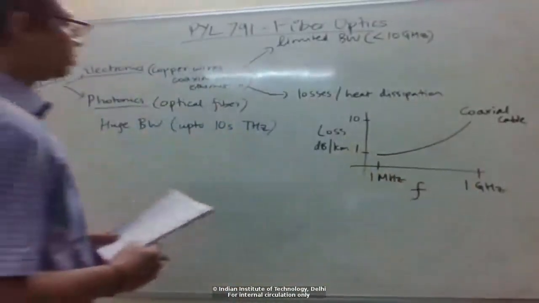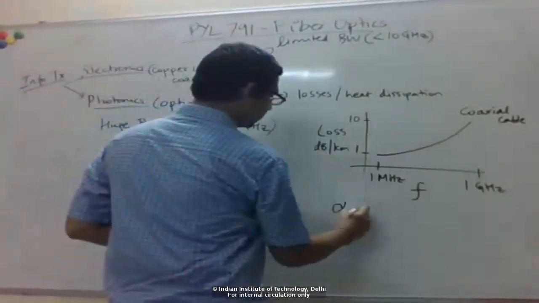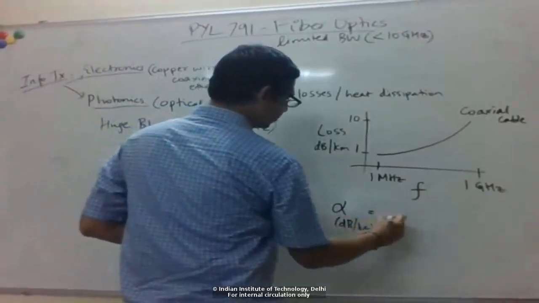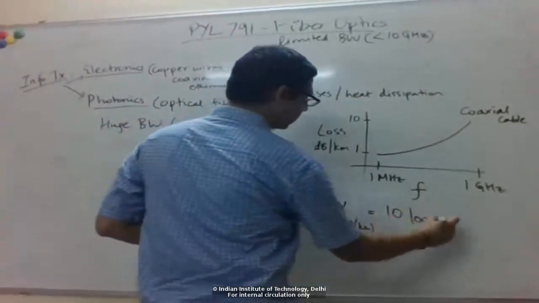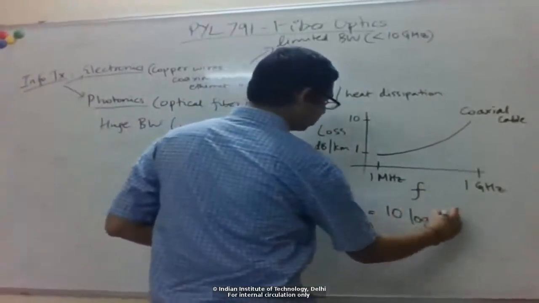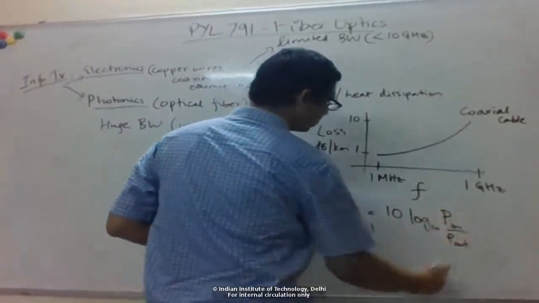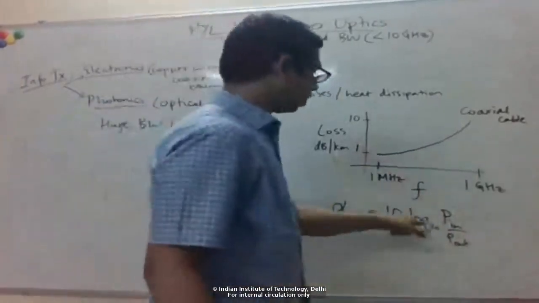So that means what? This dB per kilometer loss is defined as, dB you know is defined as 10 log to the base 10 of the ratio of the powers, input to output power. Your output power is lower than your input power because of the loss, right?